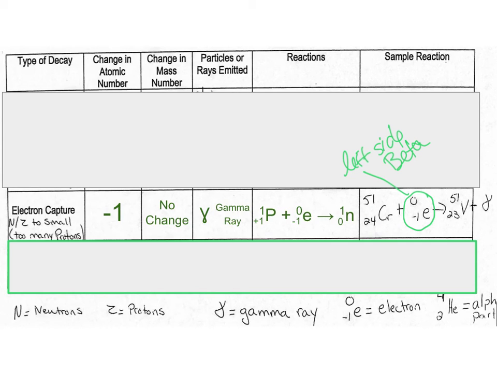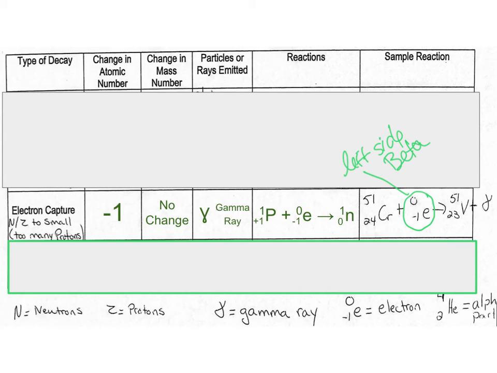So we have 24 minus 1. That's 23, right? That makes perfect sense. And we take 51 and 0. That's 51. That makes sense. We should have dropped our atomic number by 1, so we went from 24 to 23, and we should have had no change in our mass number, 51 to 51. We have to figure out what our new atom is going to be.